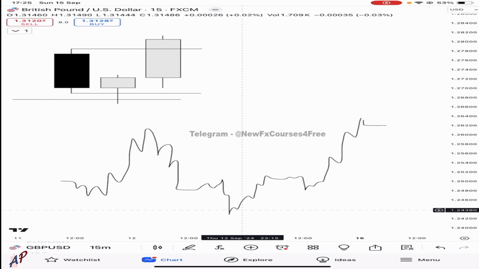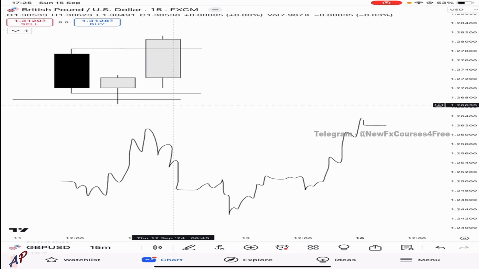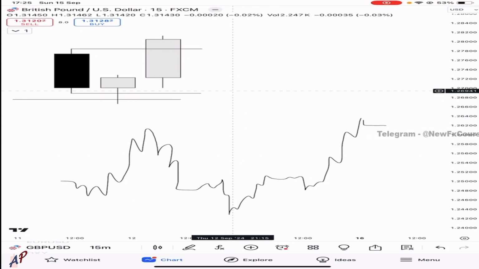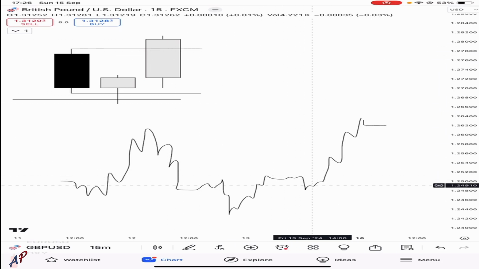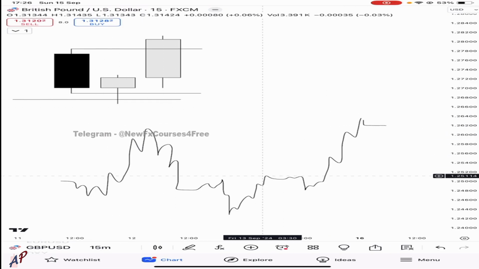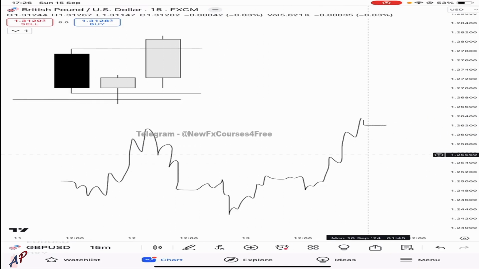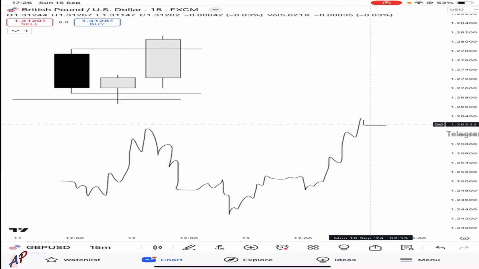Or you can let candle number 2, Tuesday, develop, and wait for Wednesday, and sometimes even Tuesday, to distribute price, so you enter just below the open, targeting Monday high. That's the type of entry you can do. Candle number 2 is my favorite, or candle number 3 below the opening, or phases of reaccumulation within the distribution.